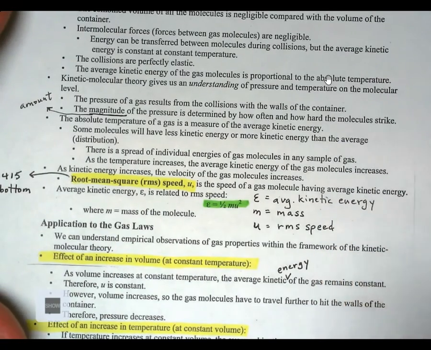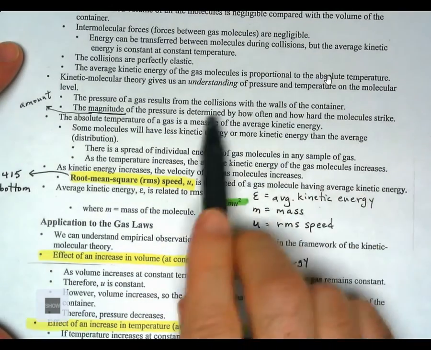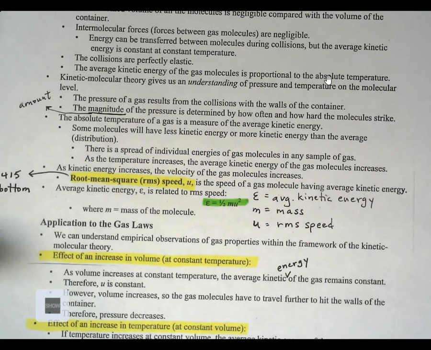Okay, so let me ask you guys this. So think about gas in like a closed container. What would make the molecules strike the walls more often? Like what could you do to the molecules? Like heat it up somehow. Because what's heating it up going to do to the molecules? Make them do what?